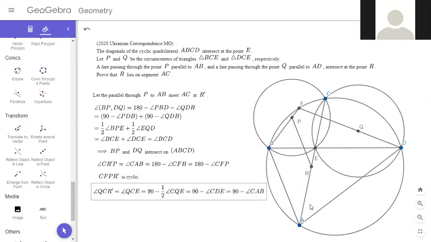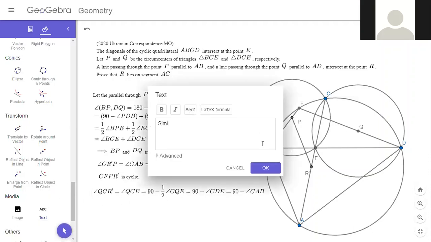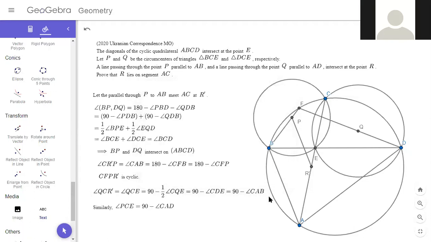Yes. Okay, so by the same logic, PCE is 90 minus CAD. Now we add both of them to see that angle PCQ is 180 minus angle A.